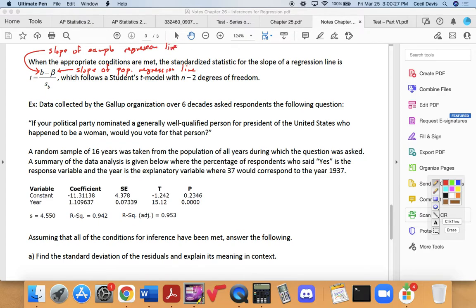So that makes sense. That's just the formula that's at the bottom of the first page. It's the statistic minus the parameter. The statistic is for your sample. Statistics are for samples. The population is for the parameter. So the statistic minus the parameter over the standard error of the statistic.